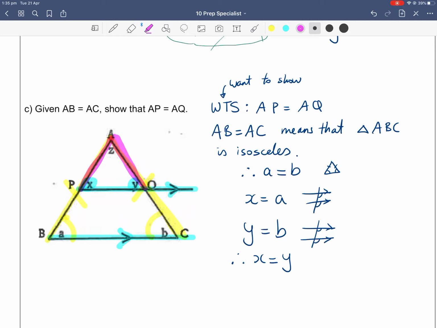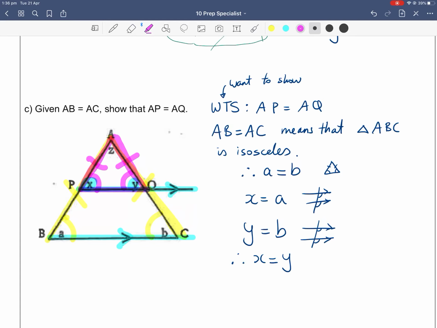If you look carefully, we can form a triangle APQ. Angle X and angle Y are the two bottom corners of this triangle. Following the isosceles rule, if your two bottom angles are the same, that tells us that triangle APQ is isosceles. And if a triangle is isosceles, the two sides with the corresponding equal angles are the same length as well, which is exactly our AP and AQ.